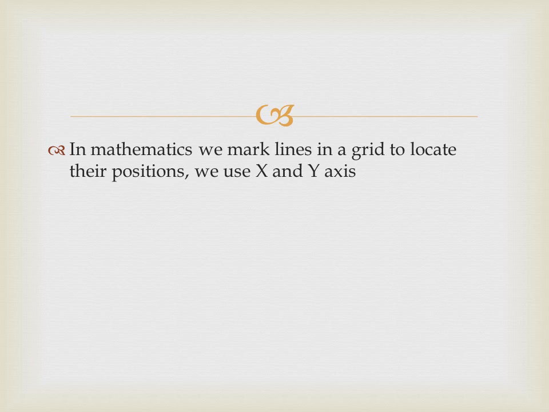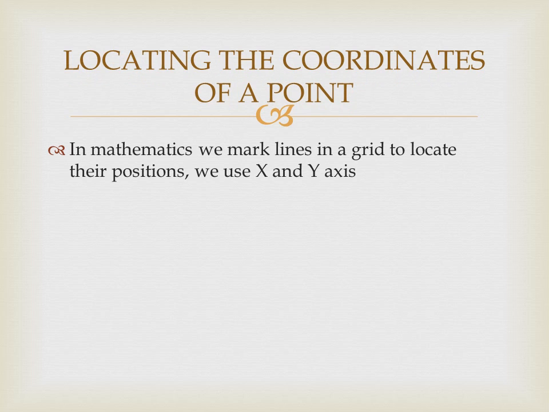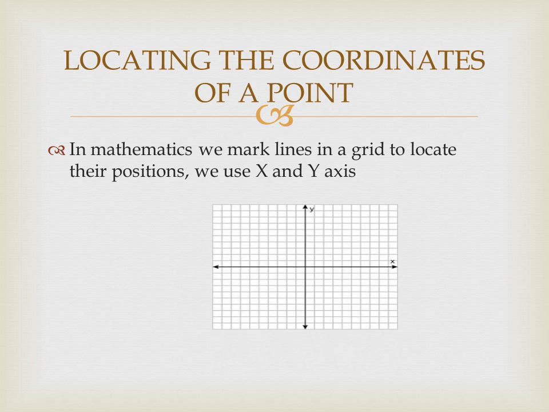Okay, now in maths we mark lines in a grid to locate their positions. We use the x and y axis. We are going to locate the coordinates of points on a graph. On the graph on the scene, you can see the y axis there, the x axis there.